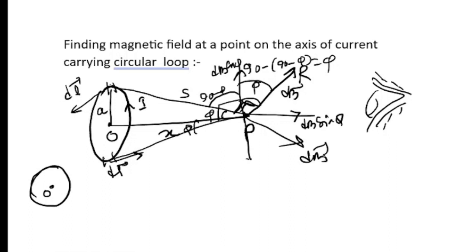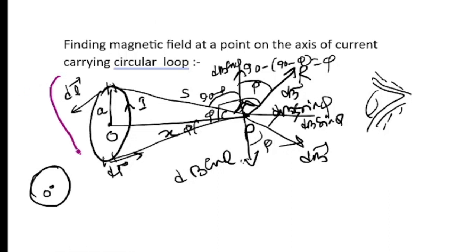Similarly, the magnetic field due to this dl portion cut from the lower part will be divided into two components: one will be dB cos phi and the other will again be dB sin phi. Just write this down. This is the complete diagram of this portion. Very much important. Just draw it.